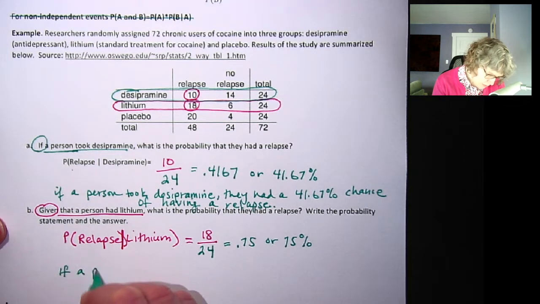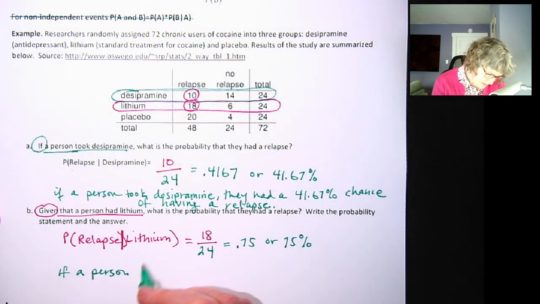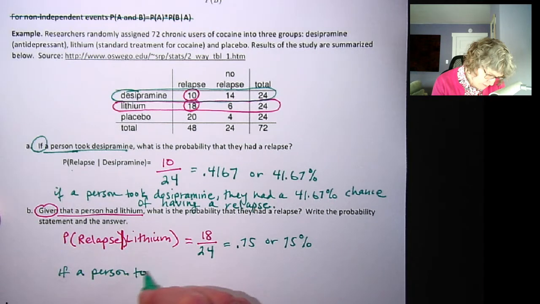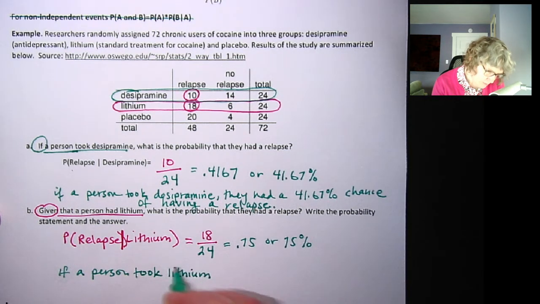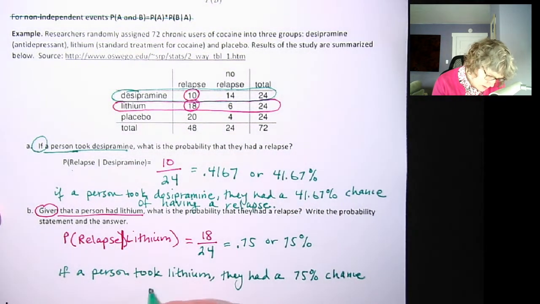If a person had lithium, they had a 75% chance of having a relapse.